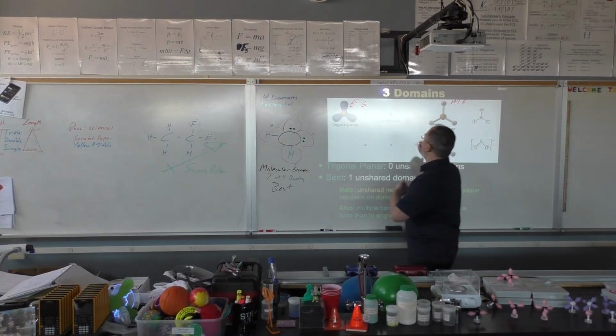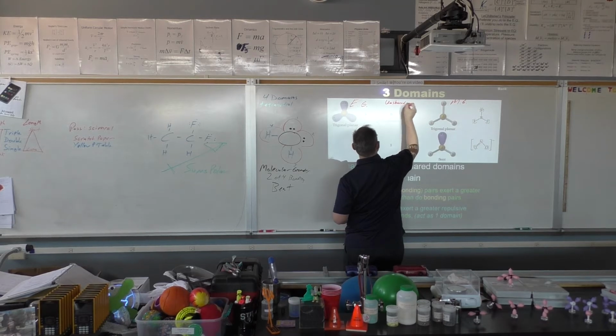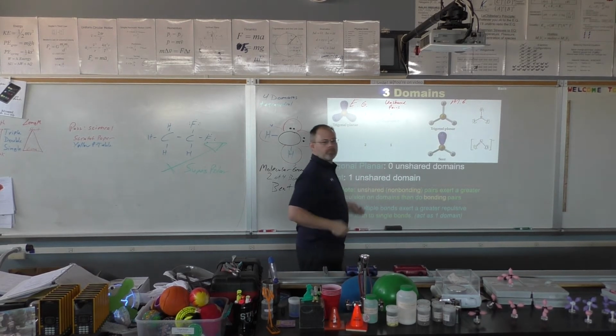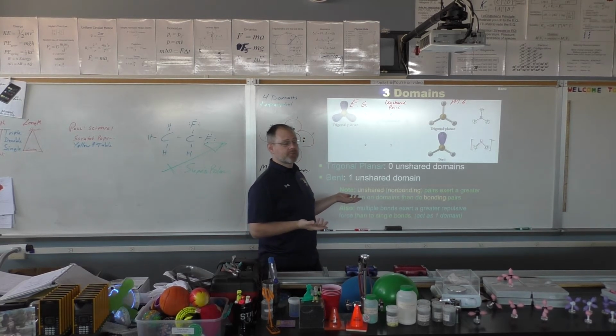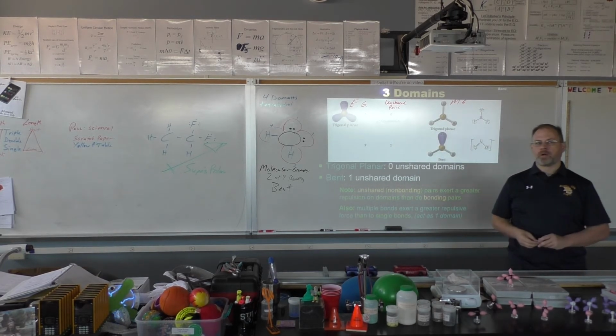So this is the number of unshared pairs. Make sense? Okay, you are going to encounter this in a simulation tomorrow, and this is the last concept, so this is the last thing you're going to have to know on a test.